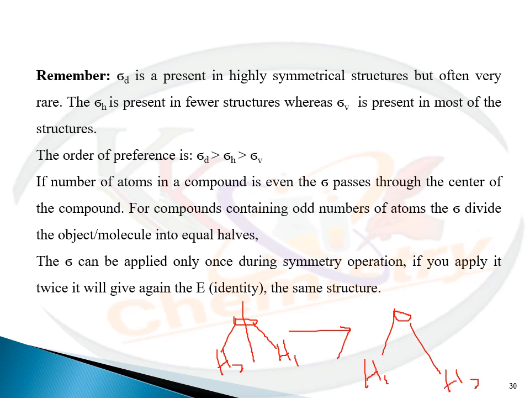If we apply the same sigma V again, it will give the same structure. So sigma V is performed once in a molecule. In any case, sigma can be applied once.